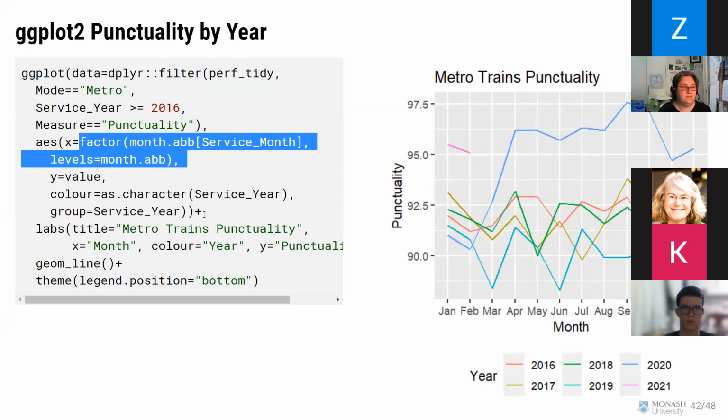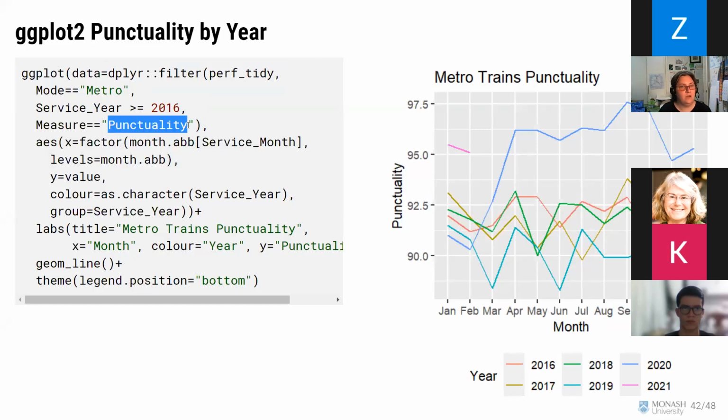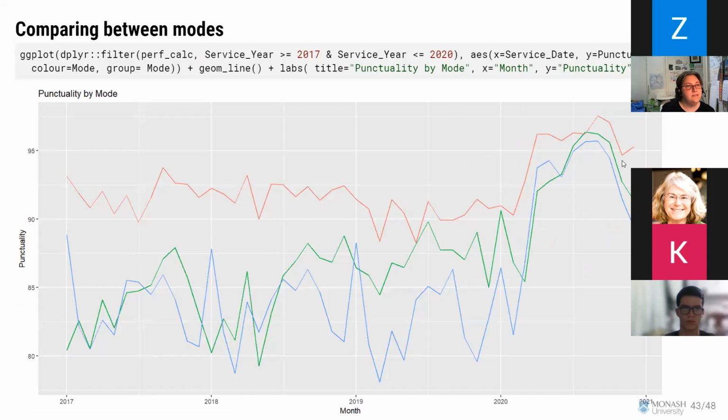The only thing I've changed is the filter here. I'm filtering on punctuality. And we do actually see something in that data, which is good. I've even typed manually in the data for Metro for February, so you can see that it's still good in 2021.